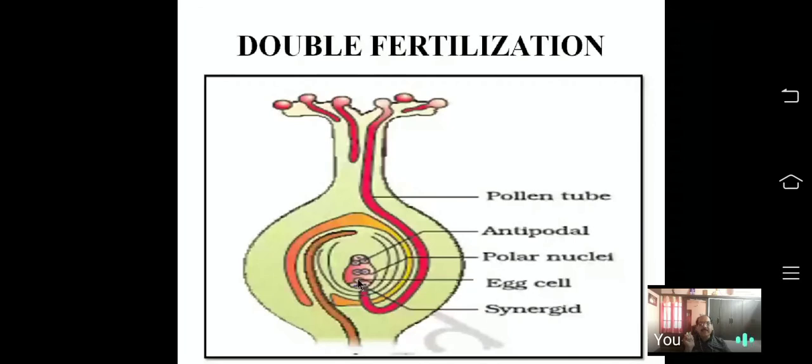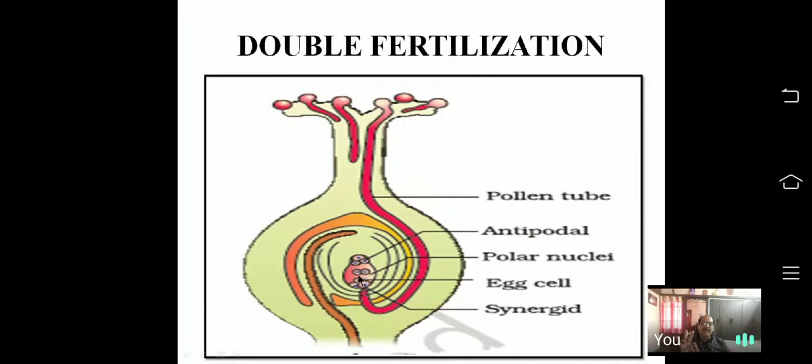Next here, what is this? Central cell. The central cell consists of two polar nuclei. Another male gamete sperm is fused with this central cell. That is also a fertilization, called the second fertilization.